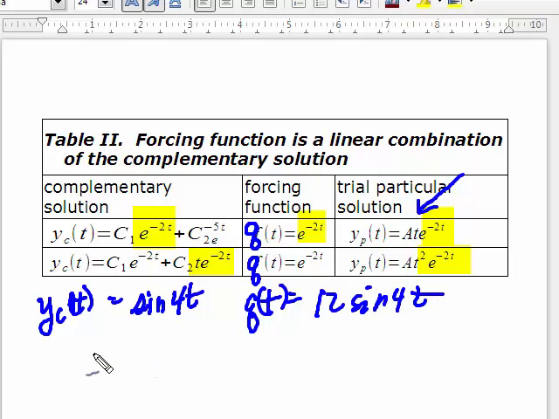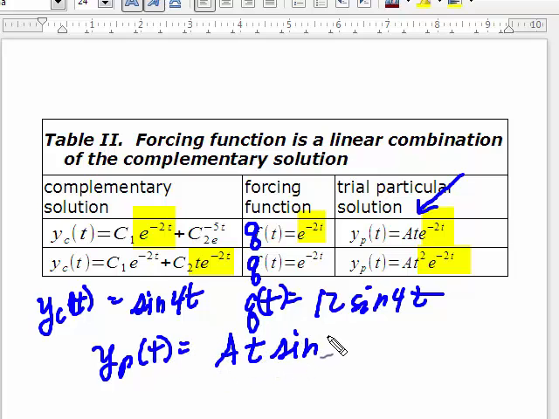Then for the particular solution, you write a t sine of 4t plus b times t cosine 4t. Like I say, it's not a real difficult method, and now I'm going to give you one example working through the steps with the RL circuit.